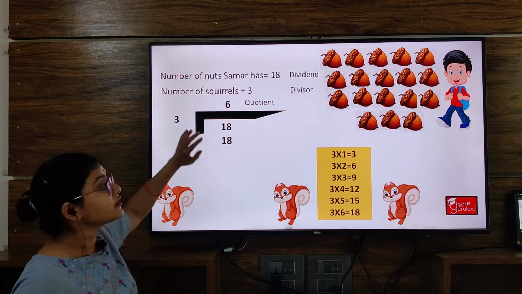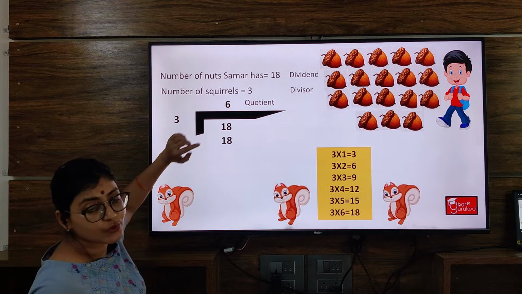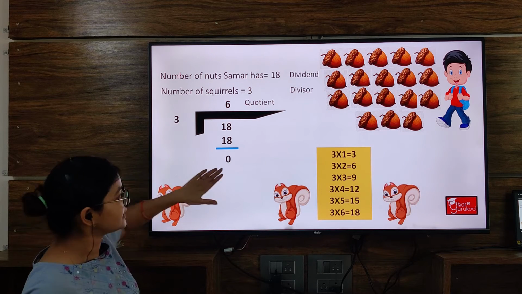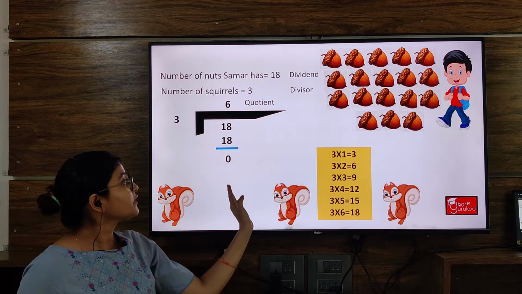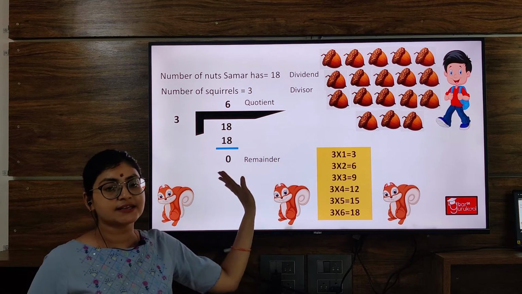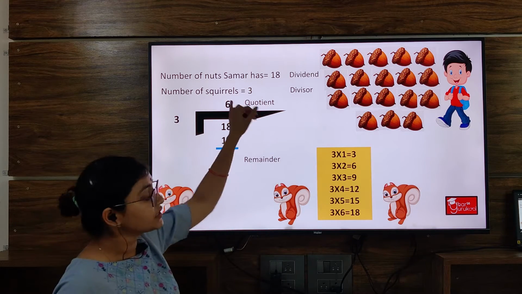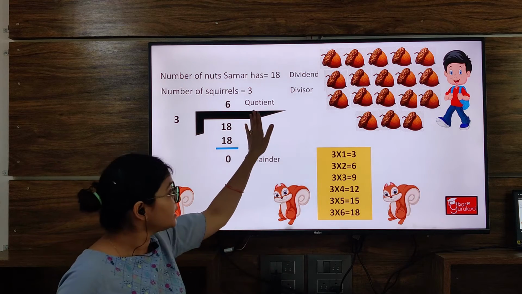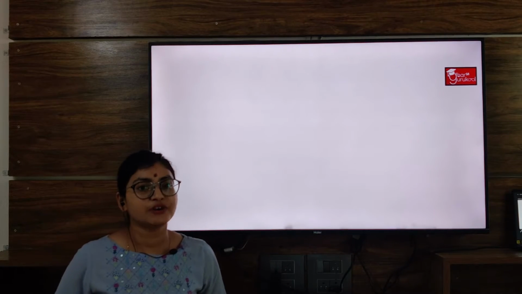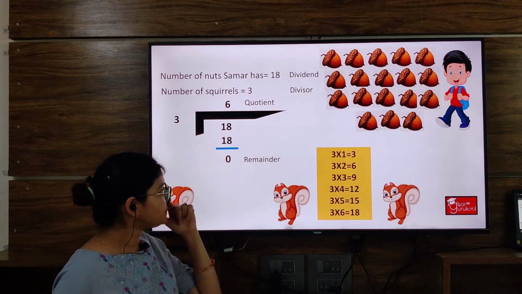Now first we have to subtract these two numbers. 18 minus 18 is 0, which means our remainder is 0, and the quotient is 6. It means that he will give 6 nuts to each one of the squirrels.